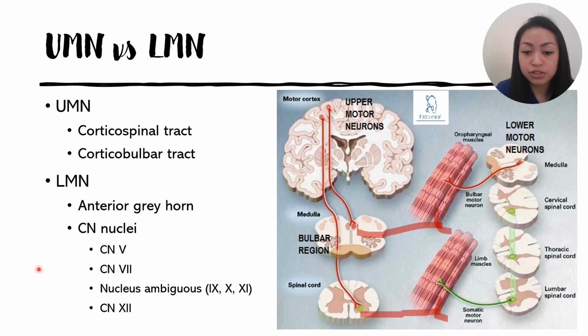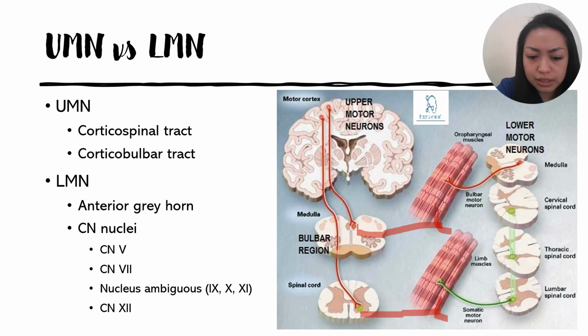So these are different nuclei. So the cranial nerve nuclei are the lower motor neuron for the corticobulbar tract. So I hope this is clear. So let's give an example here.